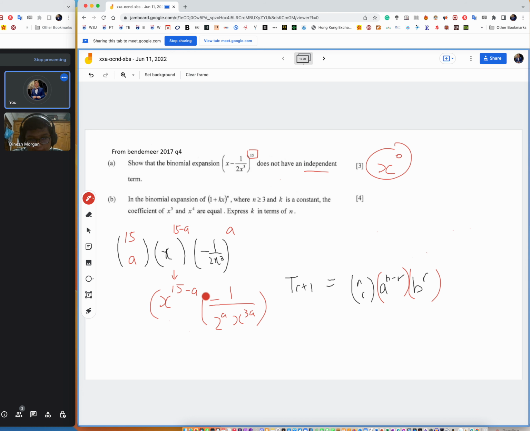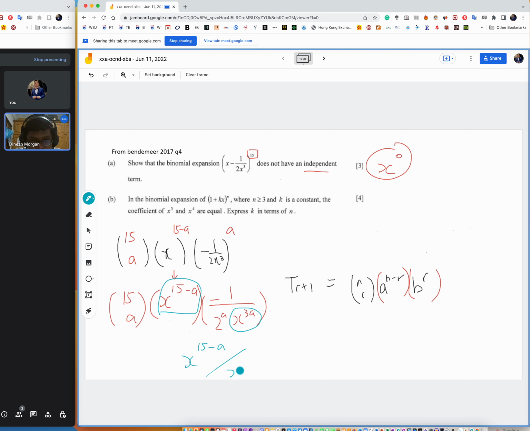Leave it untouched. So I don't have to solve many of the terms, because I just want to get what I want, which is this one. Let me use a different color, which is this one and this one. So x to the power 15 minus a, right?